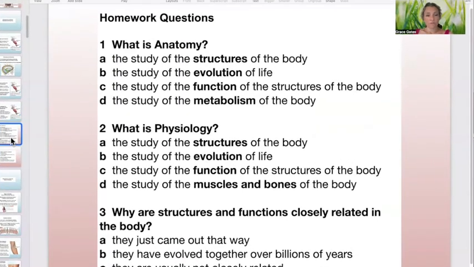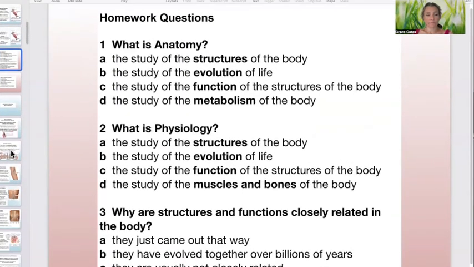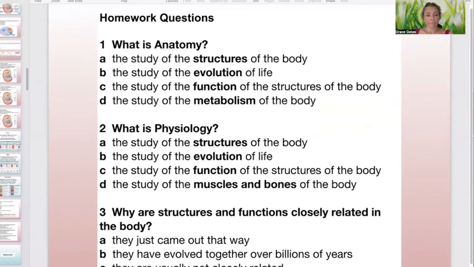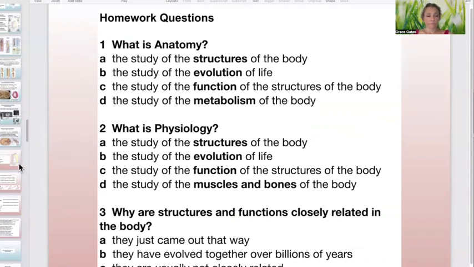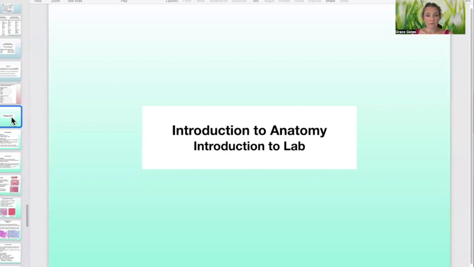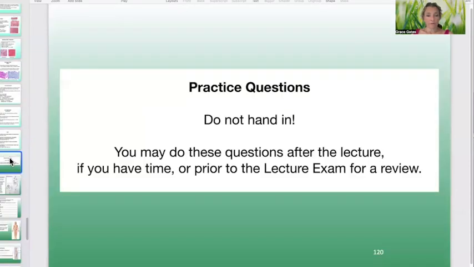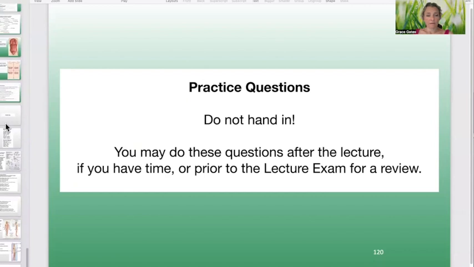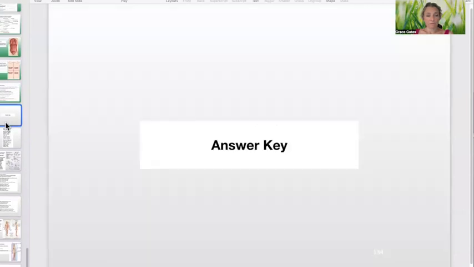Homework questions are in pink. When we get down to the end, the lab slides are in green. The additional practice questions are in dark green, and the answers to the additional practice questions, which you will not be handing in on a Scantron, are in gray.